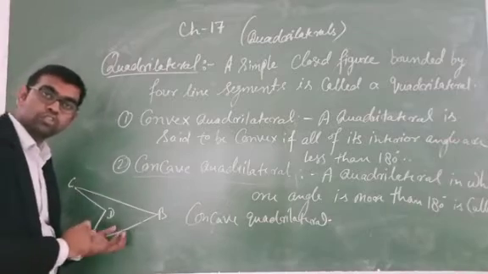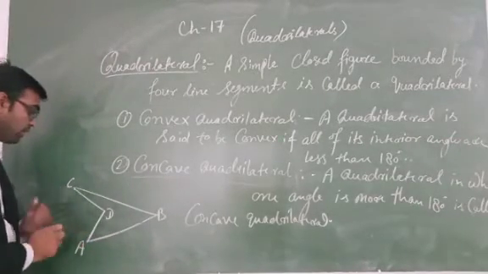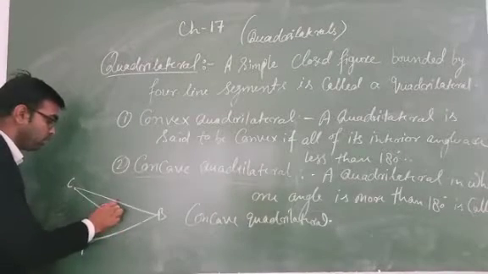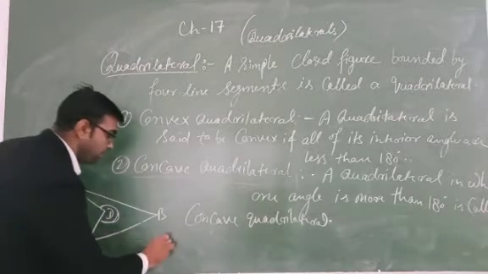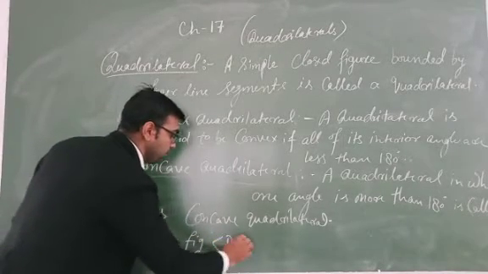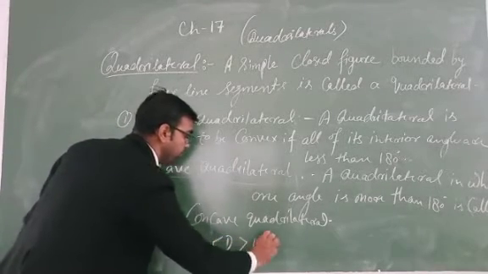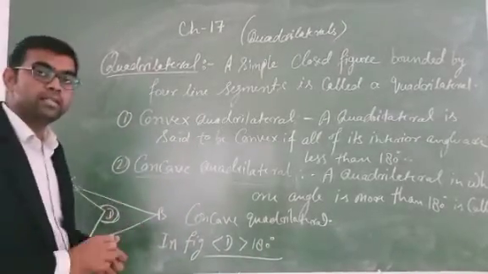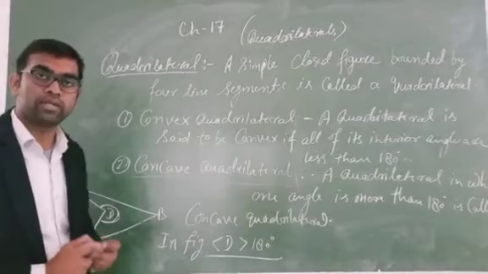This is a quadrilateral, and in this quadrilateral this angle is more than 180. Here in the figure, angle D is more than 180 degrees. This is 180 degrees. Therefore, this figure ABCD is a concave quadrilateral.